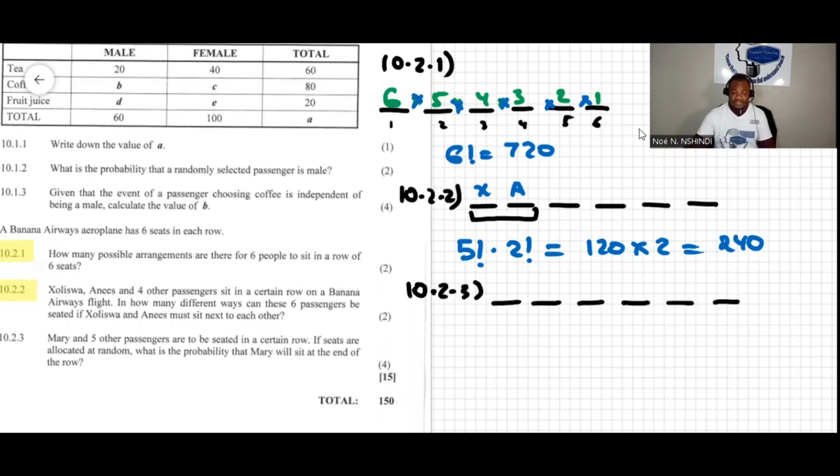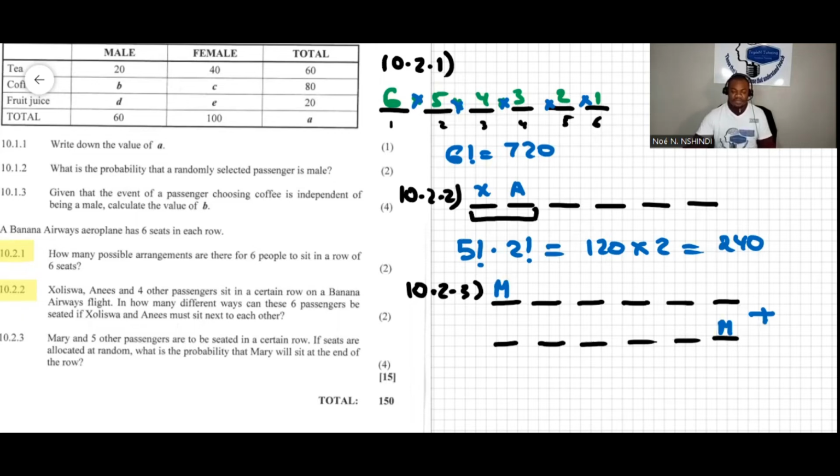Mary can be at the end of the row. So she can be either here, or she can be there. Pay attention here, I'm using or, not and. Or means plus.